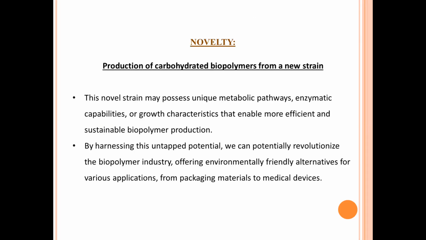And the novelty of the project is to produce a carbohydrate biopolymer from a new microbial strain. And this novel strain may possess unique characteristics, unique metabolic pathways, etc. And these microbial polymers have various applications in various industries and are also environmental friendly.